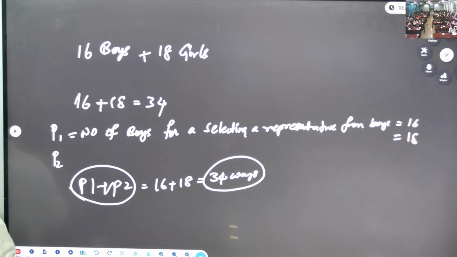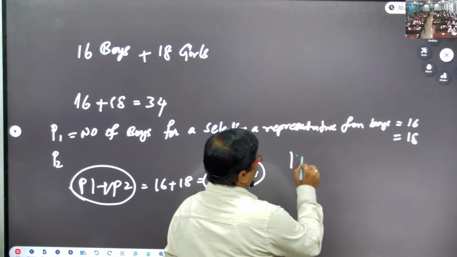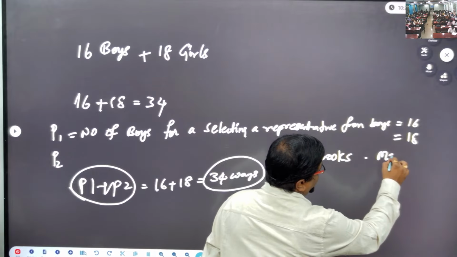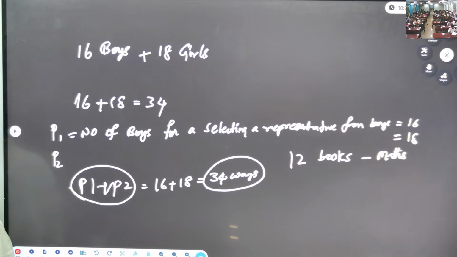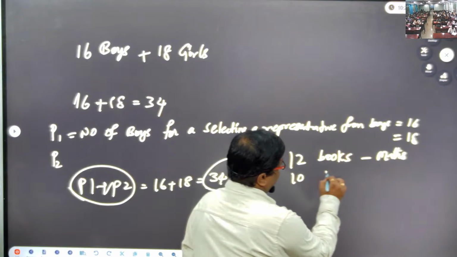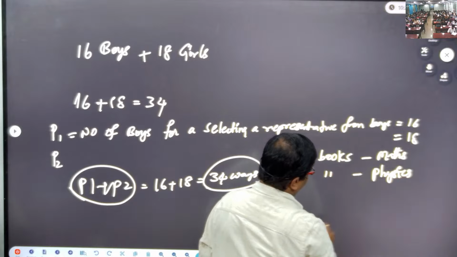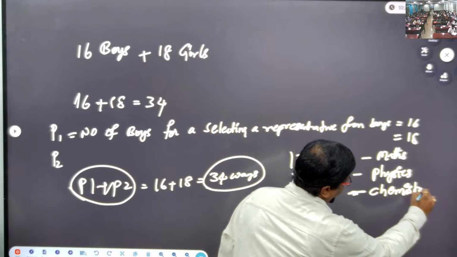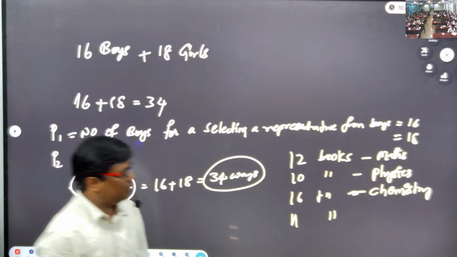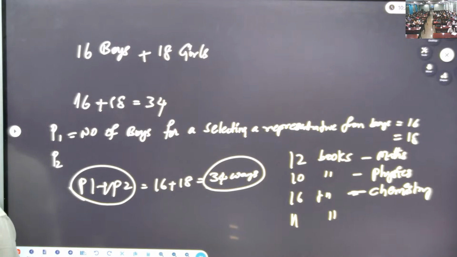Suppose a hostel library has 12 books on maths, 10 books on physics, 16 books on chemistry, and 11 books in science.